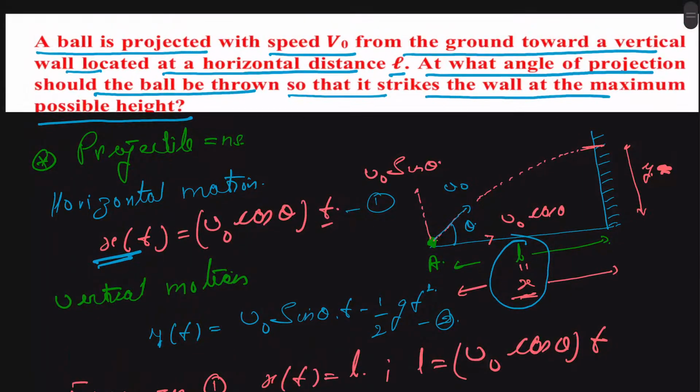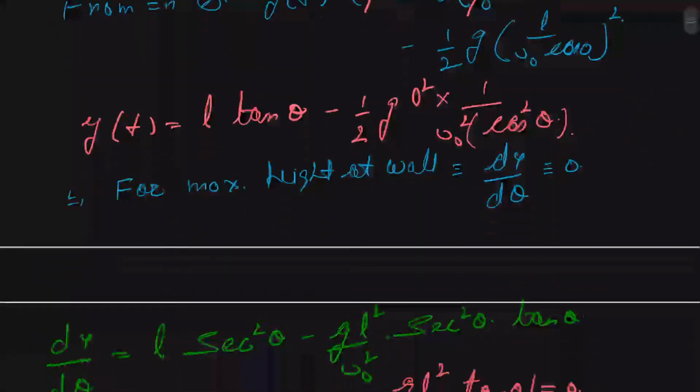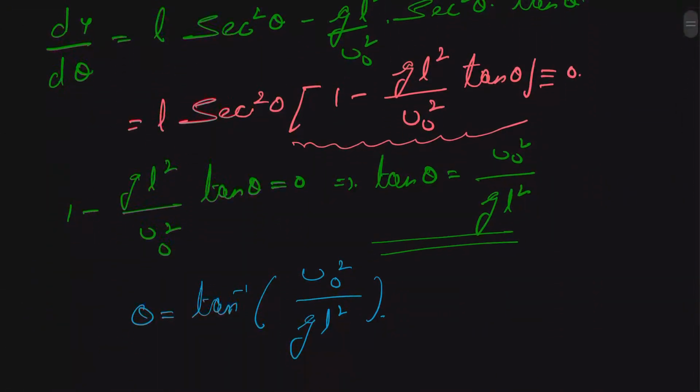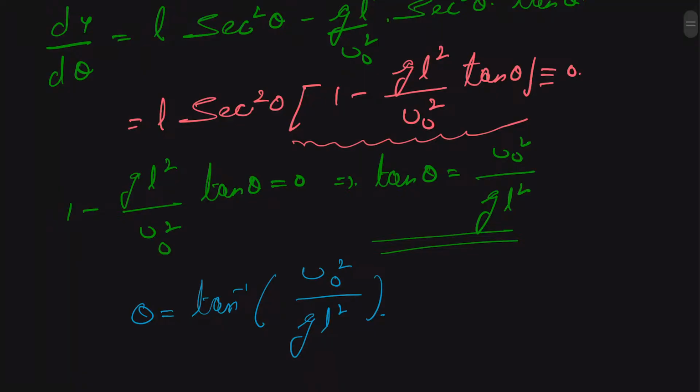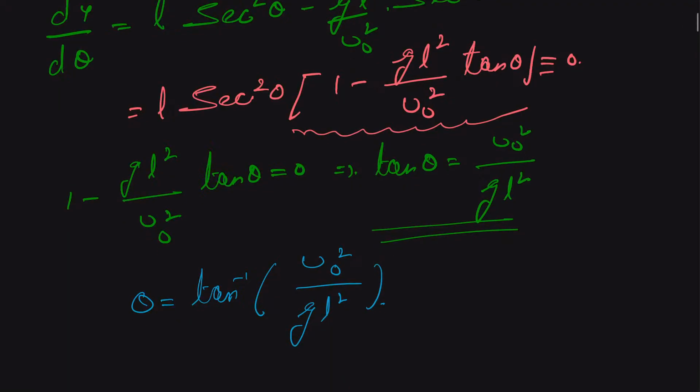Okay. And in this case, there is another trivial part in this question, which is basically that the distance between the projectile and the wall, which is our L, should be less than V0 square upon G. Okay.